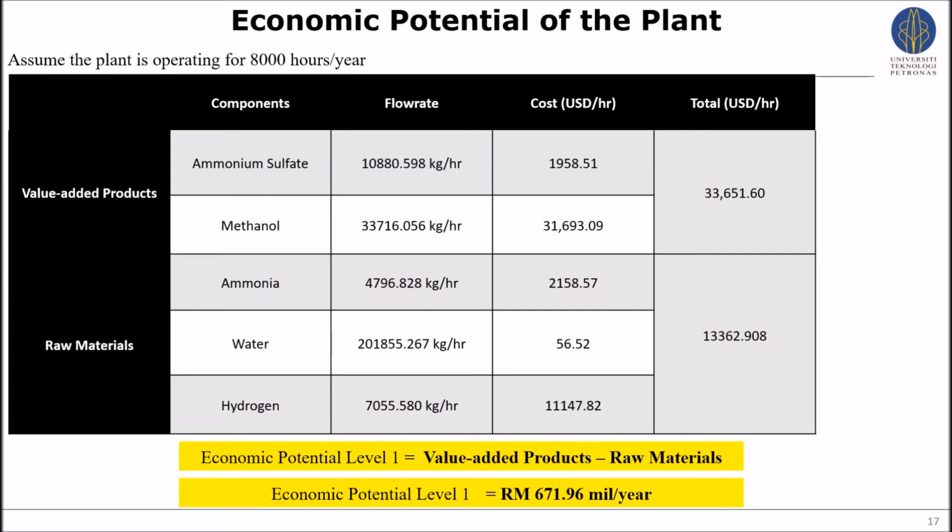These are the values that we used for our value-added products and raw materials. By assuming that the plant operates for 8,000 hours per year, we calculated the economic potential level 1, EP1. So our EP1 is RM 671.96 million per year.